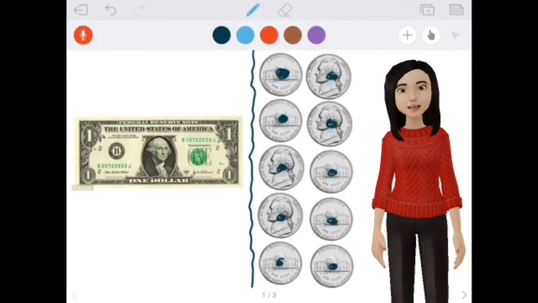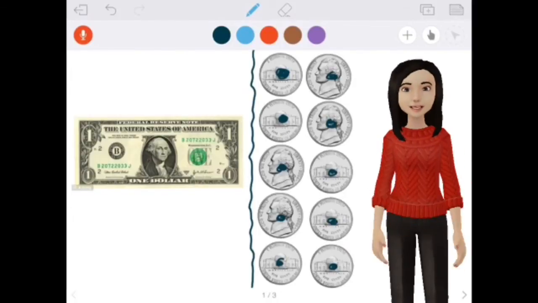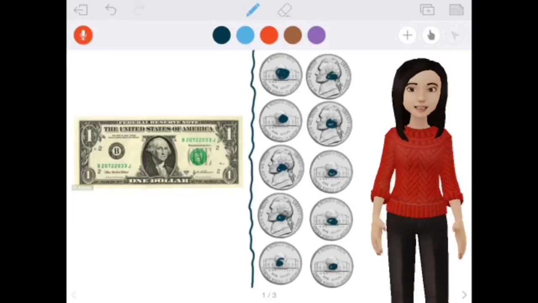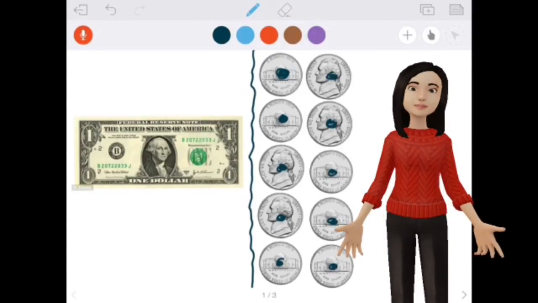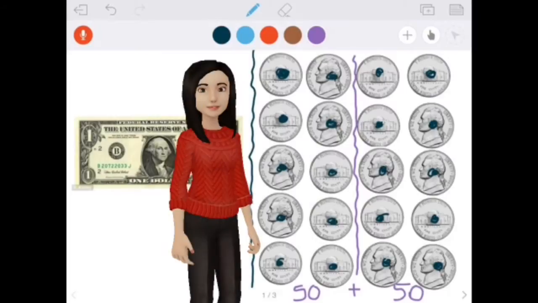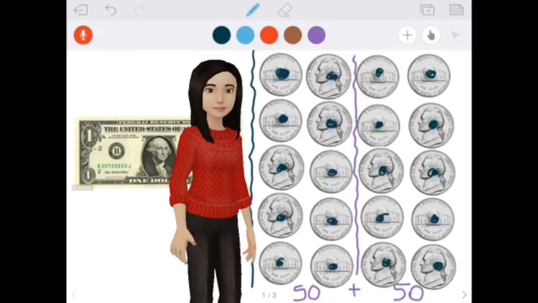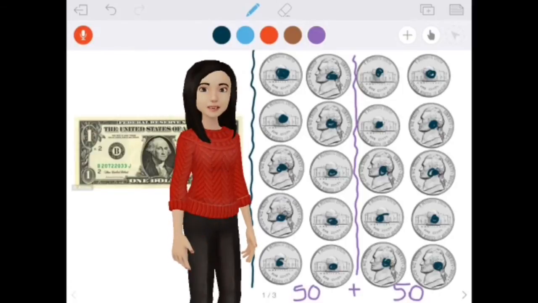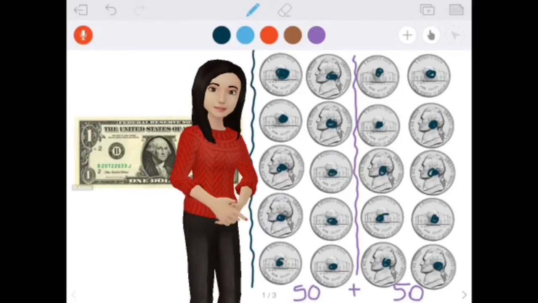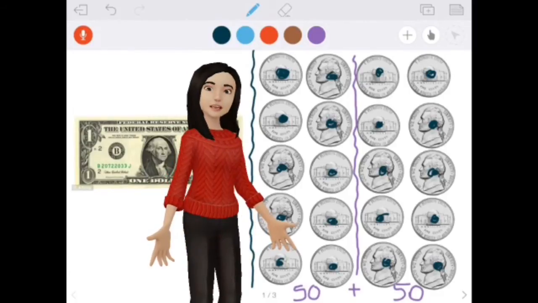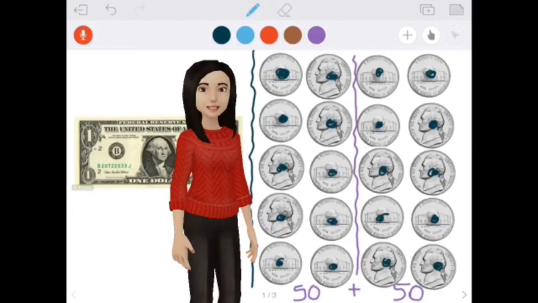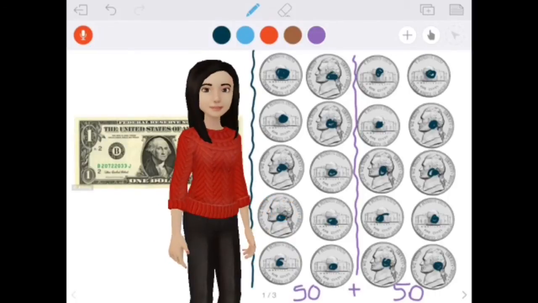How many nickels do I need to add to these 10 nickels to make $1? You are correct. I need to add 10 more nickels. On each new nickel, I added one touched point.